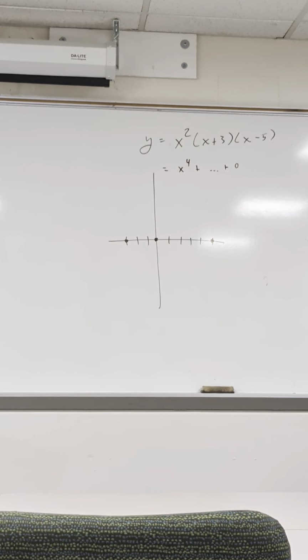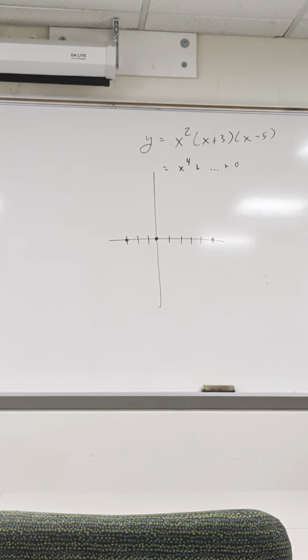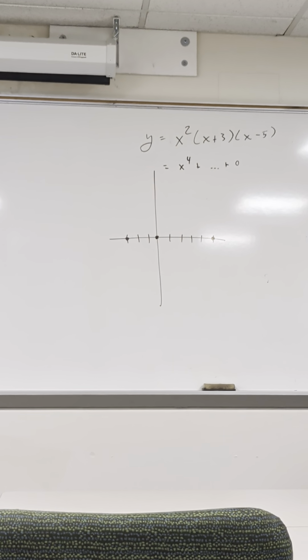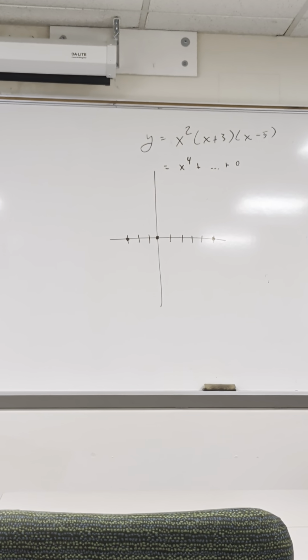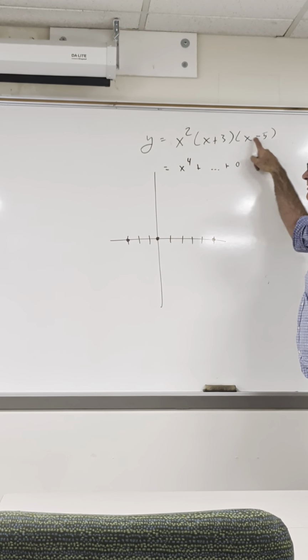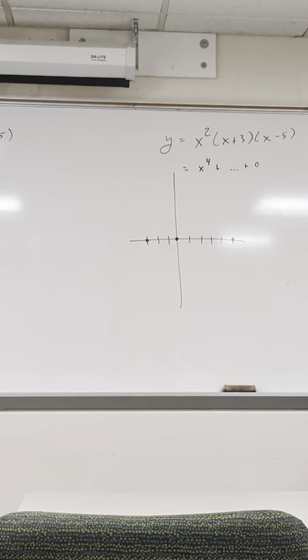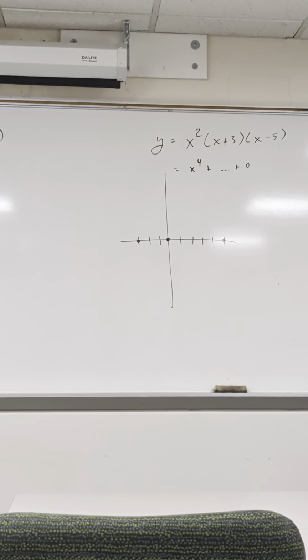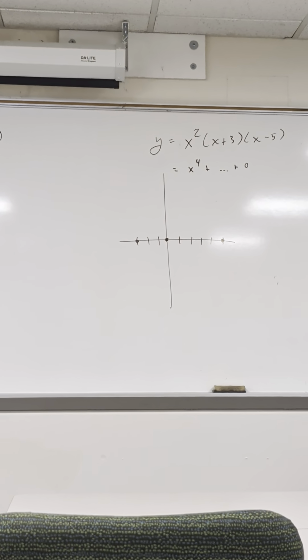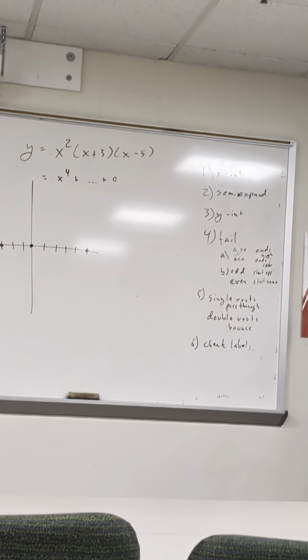As a matter of fact, my last term is going to be a -15x squared. Just 3 times -5 is -15 times x squared. So I don't have a constant term, I don't have an x term. This is just missing a whole lot of stuff. But I'm still going to trust the process.